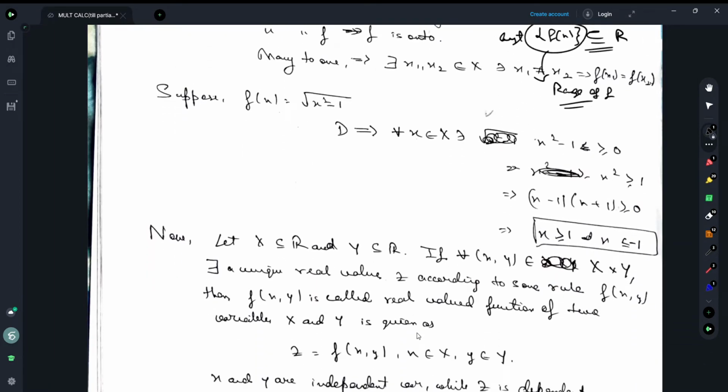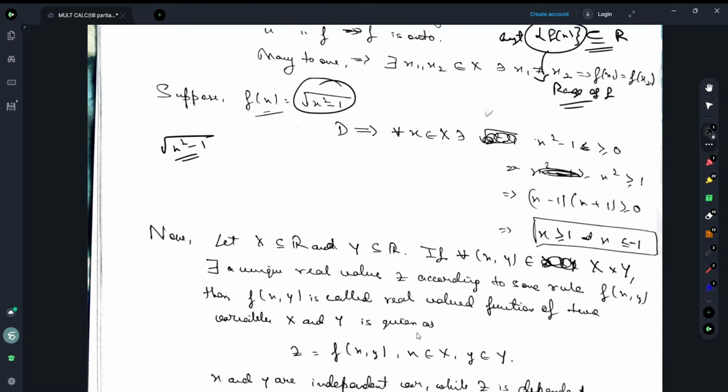So what is basically finding the domain of a function? Suppose you are given a function like this, we need to just find the set of elements which can be used as an input to this function. As simple as that. For example, if this is the function you have, the square root of x square minus 1 is the provided rule for this mapping.